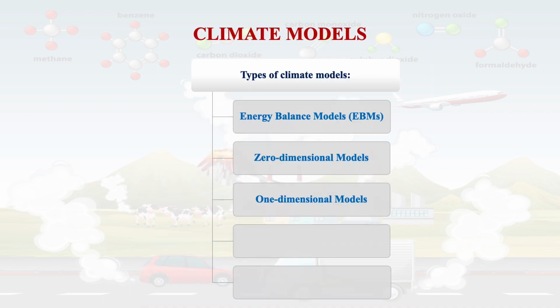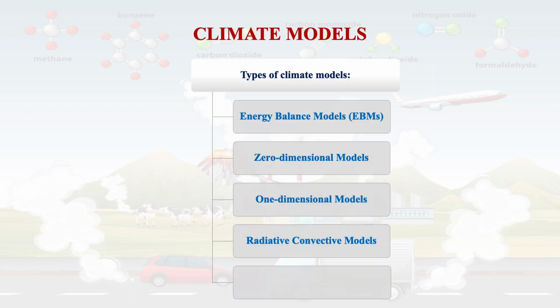Next model is the one-dimensional model. Besides treating Earth as one unit, these models include the transfer of energy across different latitudes of the Earth's surface. The basic energy balance model equates solar energy absorbed by the Earth with the energy that Earth radiates back into space. Next type of model is the radiative convective model.